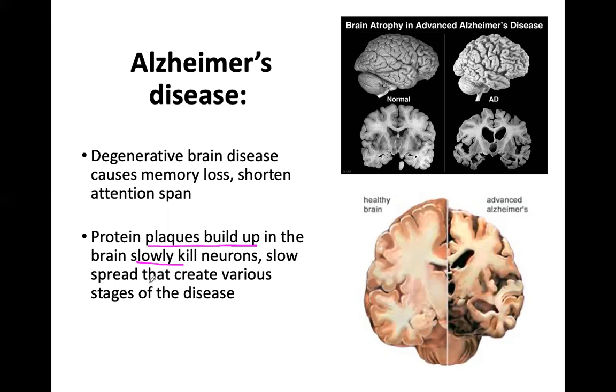Please do note that the neurons cannot be regenerated. So if you lose a neuron as a result of either stroke or Alzheimer's disease or Huntington disease, those neurons cannot be replaced. If you lose them, you have lost them forever.